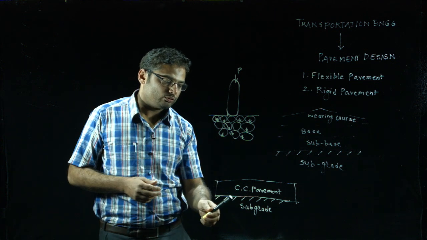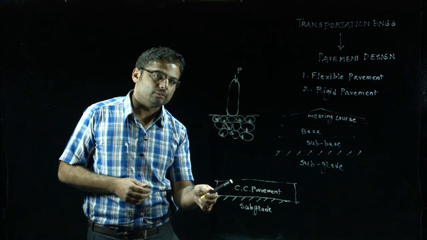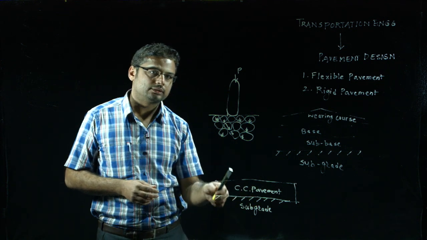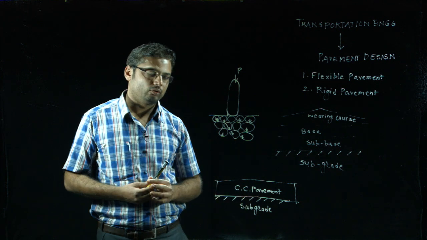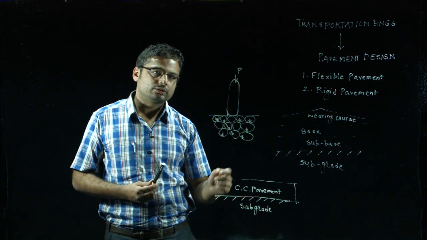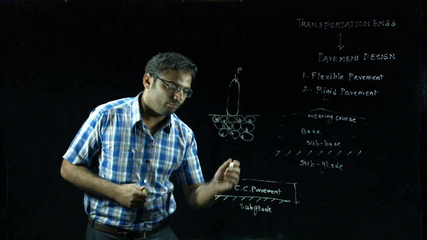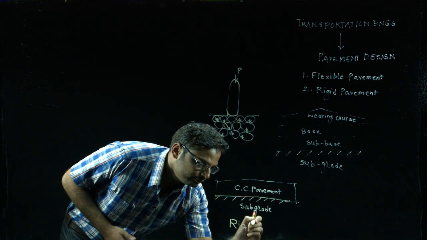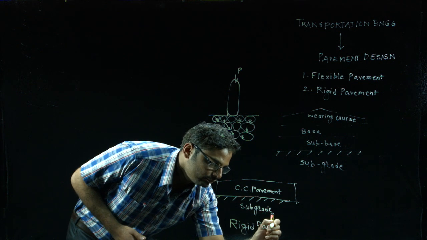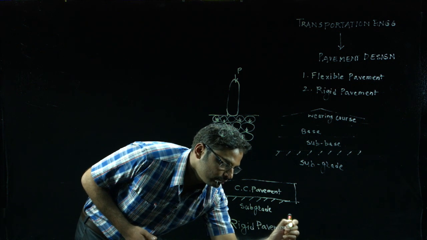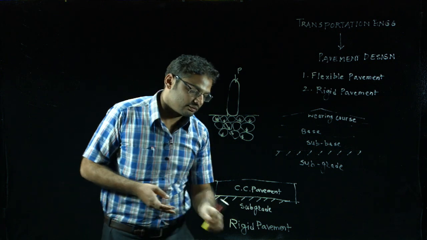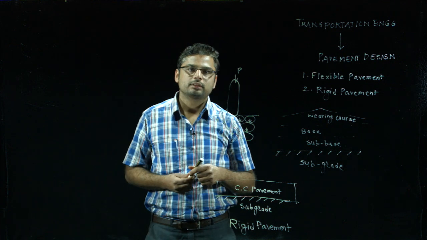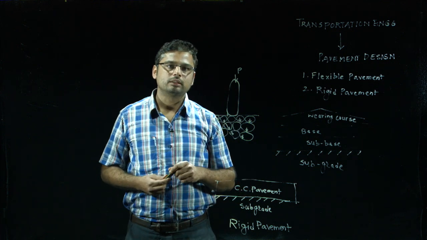As you can see, we can construct the cement concrete pavement directly on subgrade. The load is taken by this cement concrete pavement. It transfers through the plate theory. It obeys the plate theory. Let us say this is rigid pavement and the load is getting transferred by the plate theory. So, this is the basic difference between flexible pavement and rigid pavement.